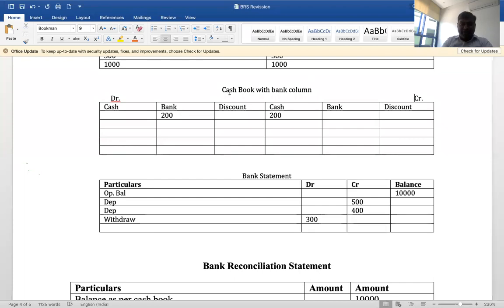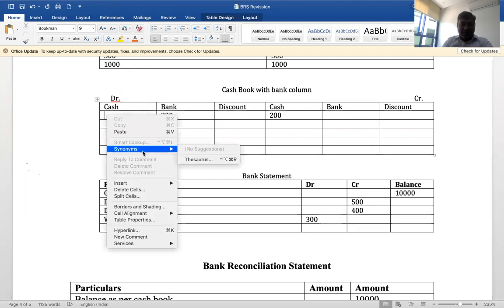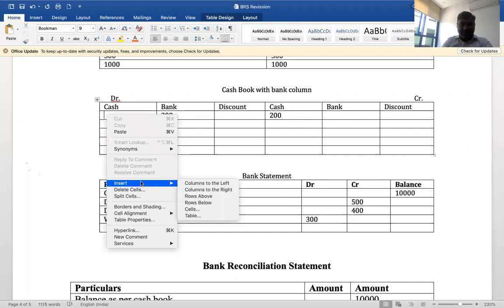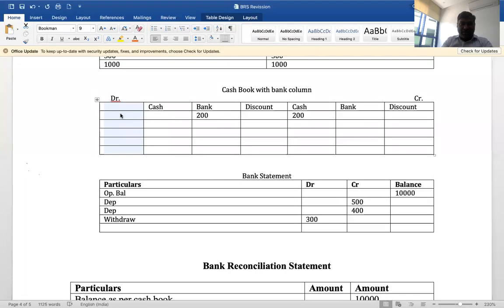So every time you deposit money, bank is taking, now let's say 200 is deposited. Cash book with the bank column. So when you're depositing money, you know how it looks? Bank account, debit to cash.